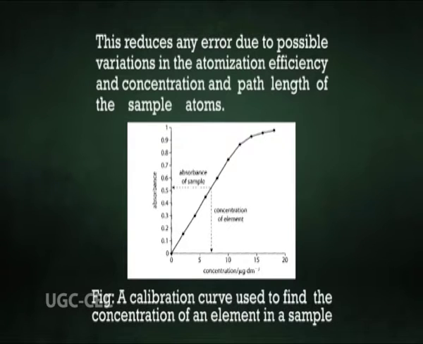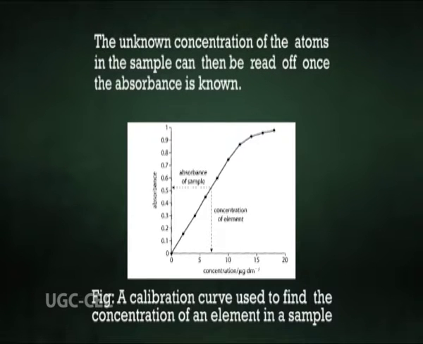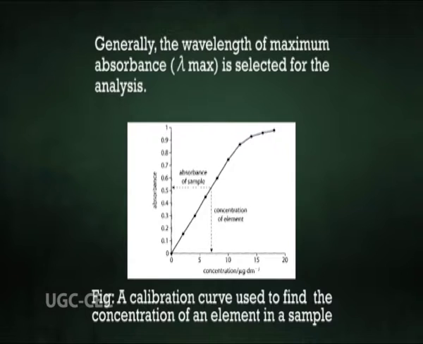This reduces any error due to possible variations in the atomization efficiency and concentration and path length of the sample atoms. The unknown concentration of the atoms in the sample can then be read off once the absorbance is known. Generally, the wavelength of maximum absorbance, lambda max, is selected for the analysis.